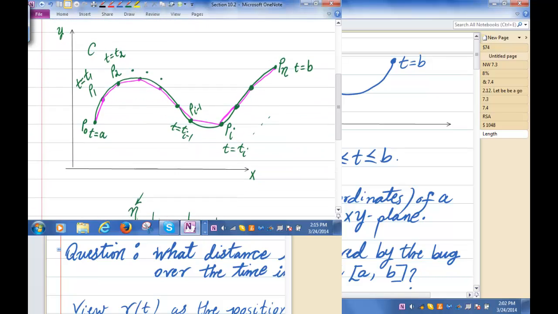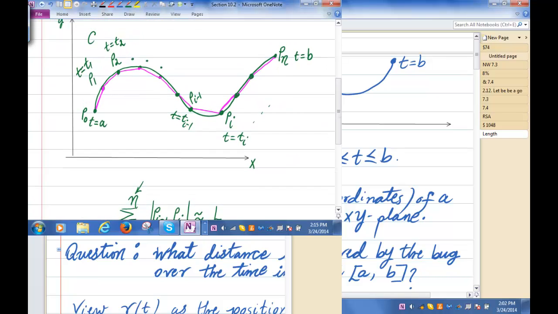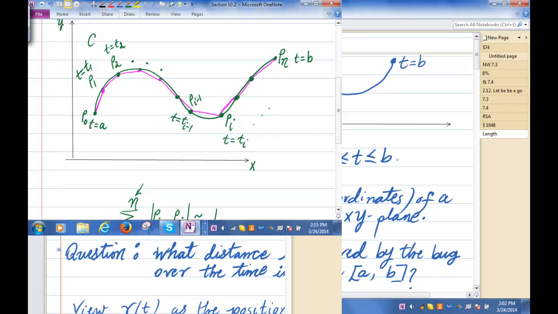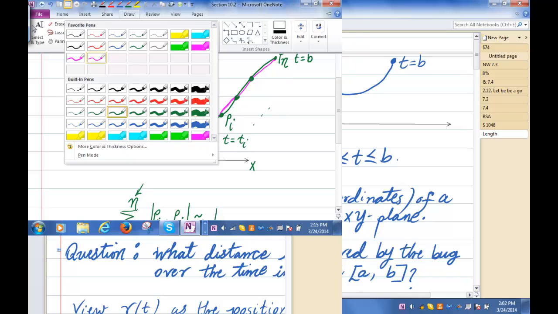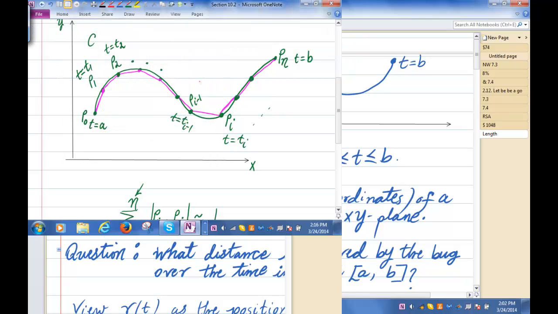The coordinates of P(i-1) would be x evaluated at time t(i-1), and then y evaluated at t(i-1).